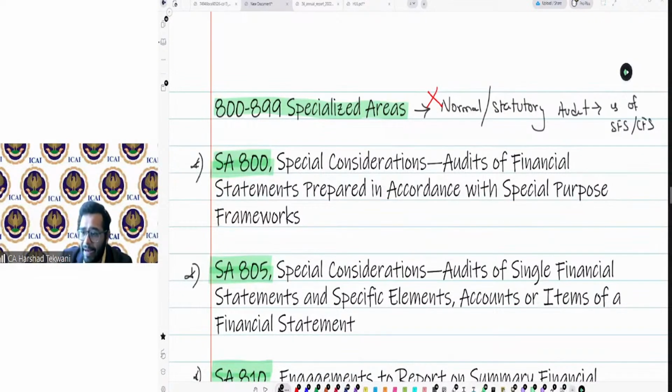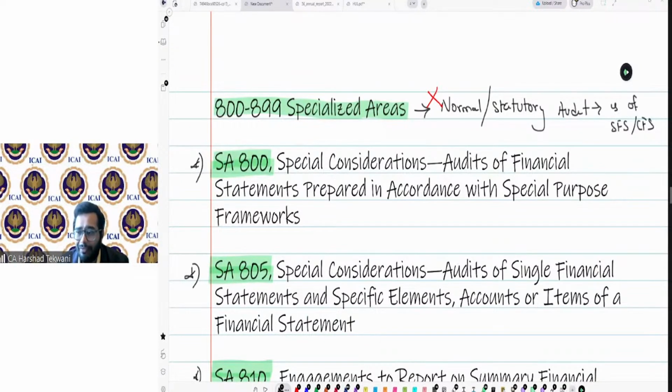Will SA 800 be applicable in that case? Now, very important and very good question it is.